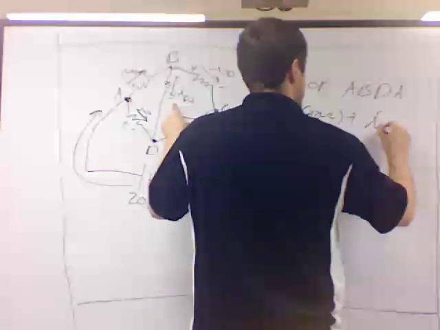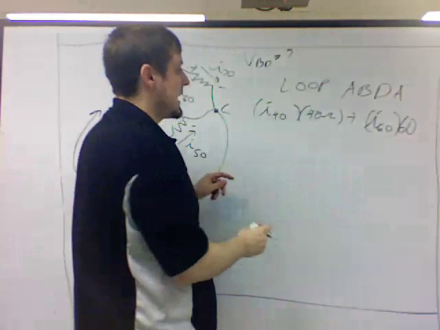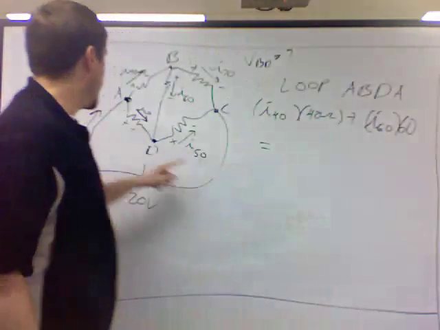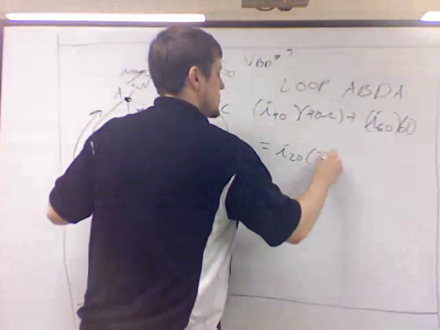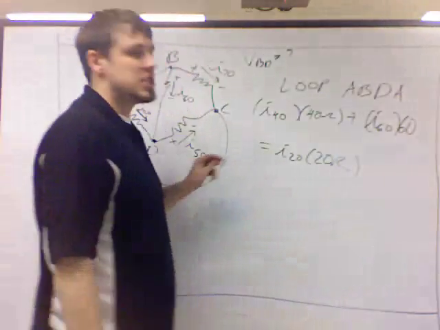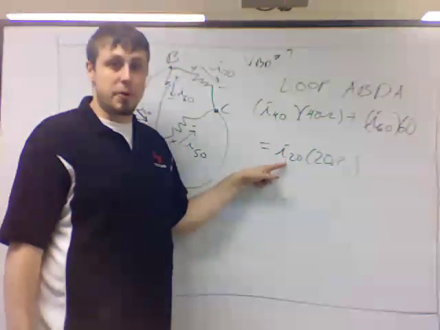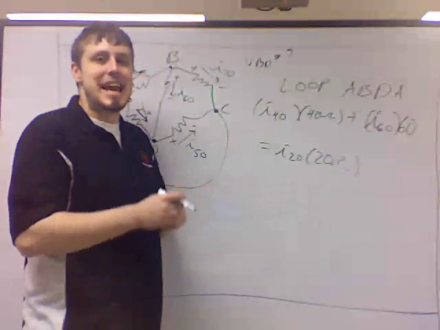So we have current through the 60 times 60. And just because I'm running out of space a little bit, I'm going to put equals. This part here equals the gain, which was the current through the 20 times 20 ohms. So we have another equation, and we haven't introduced any more unknowns because we had I40, I60, and I20 before. So we've got another equation. That's a good thing. Okay, that's loop A, B, D, A.